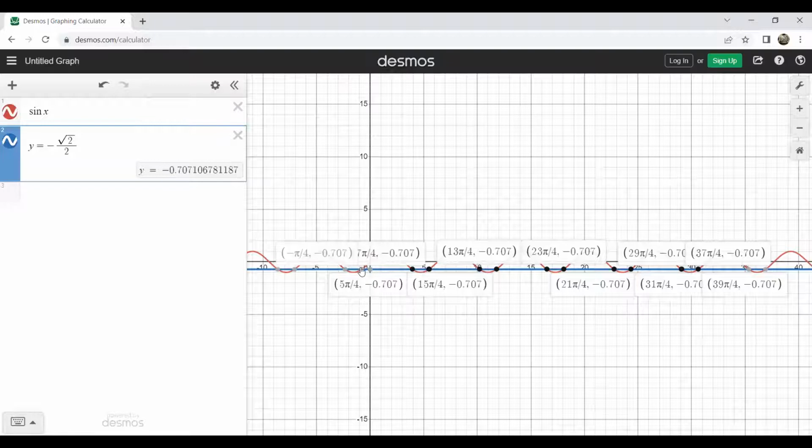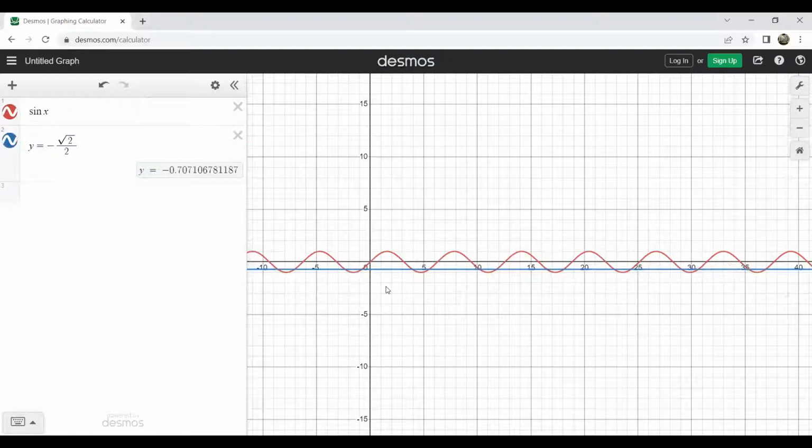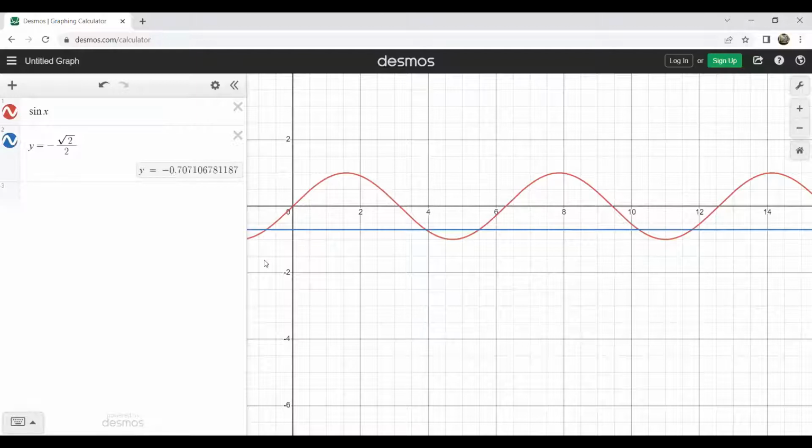If I ask you on the exam to list all points of intersection of sine and this horizontal line, your answer should be that there are a lot of points, we cannot list them all. So what's the remedy for that? The remedy is to restrict ourselves to a very small period between 0 and 2 pi, and find two basic points where the graph hits this horizontal line.